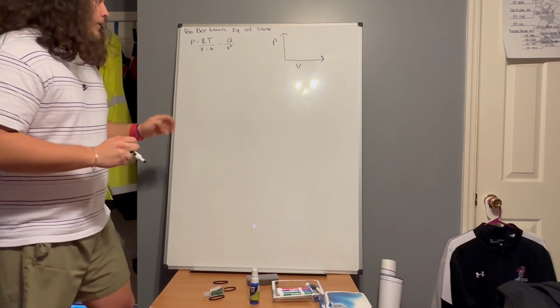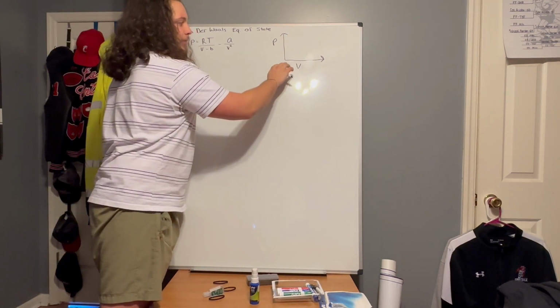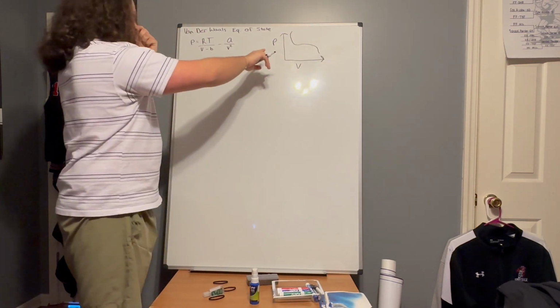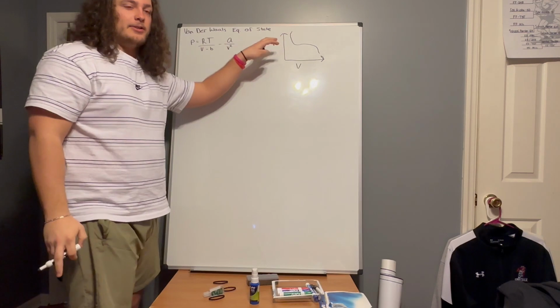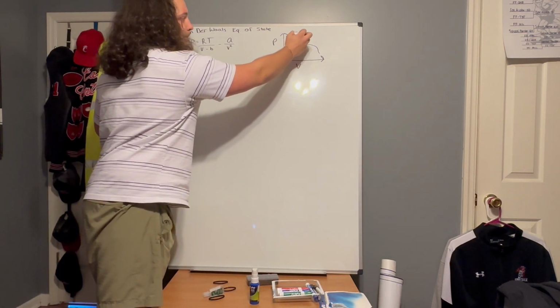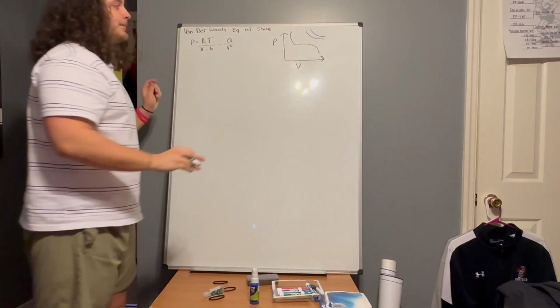We use this equation when, on our pressure-volume diagram, we have a curve like this which has an inflection point at the critical temperature and volume, whereas normal ideal curves would be up here.